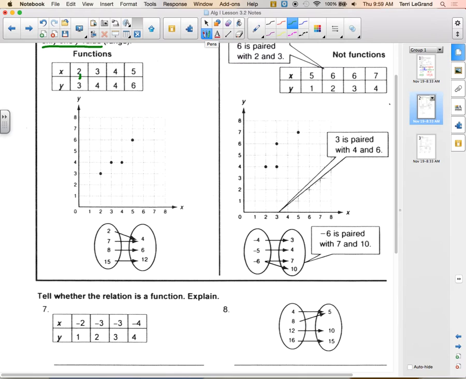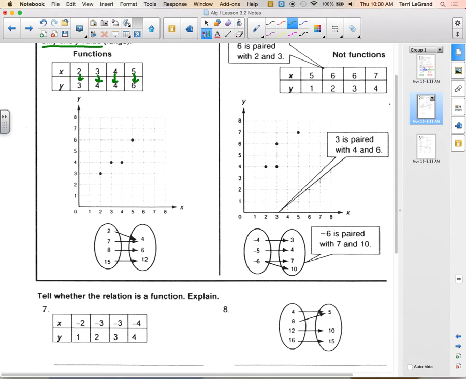When x is 2, y is 3. When x is 3, y is 4. When x is 4, y is 4. Doesn't matter that it's the same y value as 3 had, it only has 1. And when x is 5, y is 6. It only has the one y value.